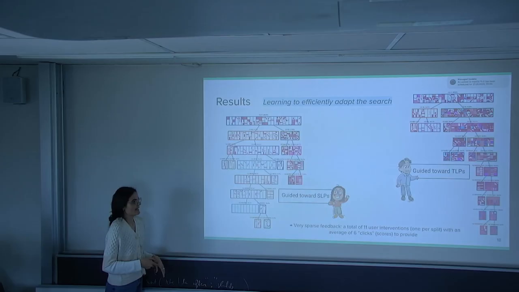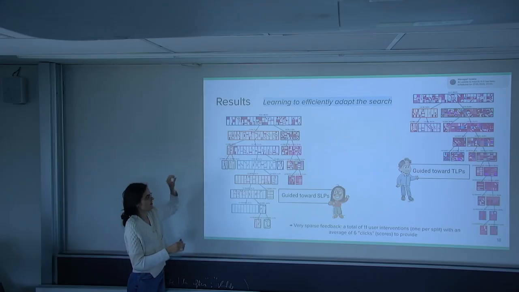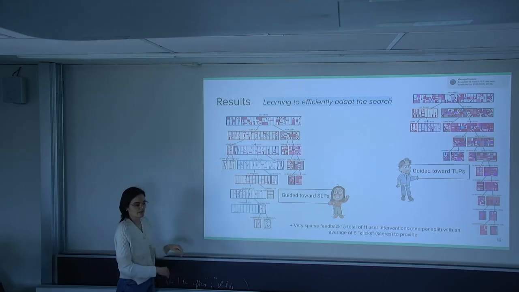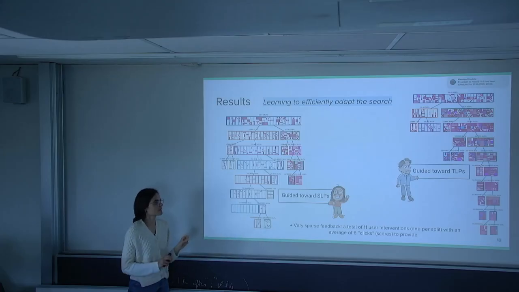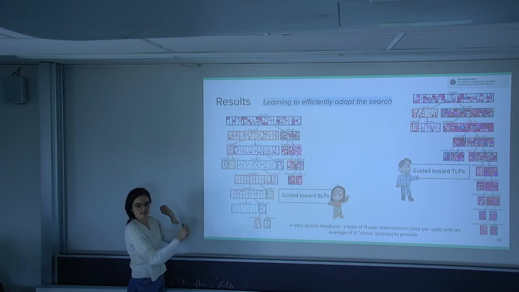And as expected, we showed that the tree of discoveries would adapt to this feedback by using more budget and exploring more the paths of interest of the different humans, so different parts of the tree. And this was really sparse feedback, so we only had the human looking at the discoveries when there was a split in the hierarchy, so something like 11 times.